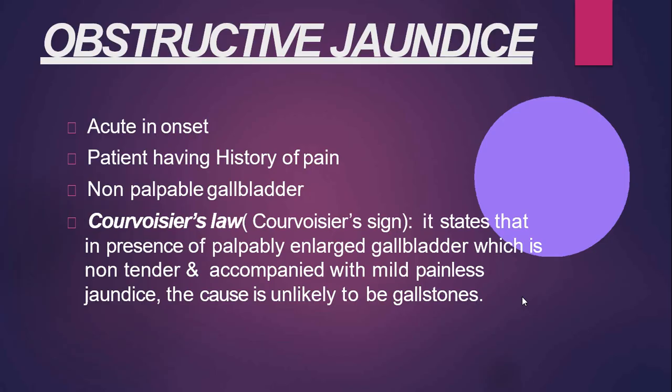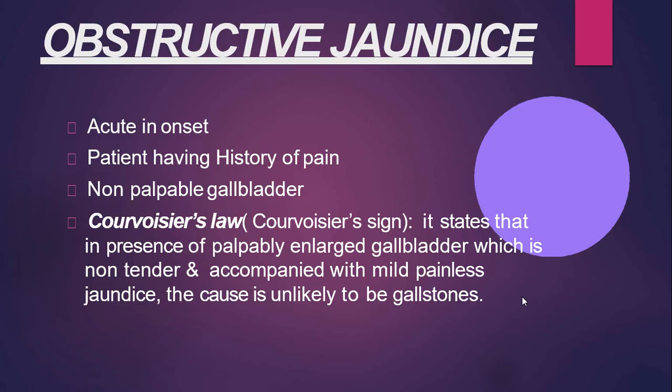Obstructive jaundice, in this case acute in onset. Now you have to differentiate whether obstructive jaundice is because of gallstones or because of malignancy. That's why I am saying that acute onset means it is most of the time related to cholelithiasis. The patient has a previous history of pain in the right hypochondrium, and in this case the gallbladder will not be palpable.